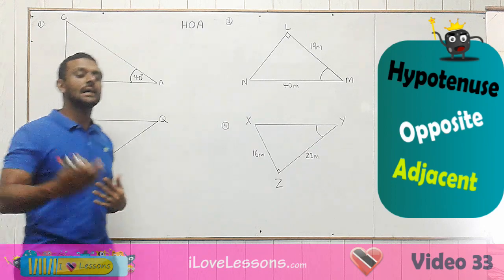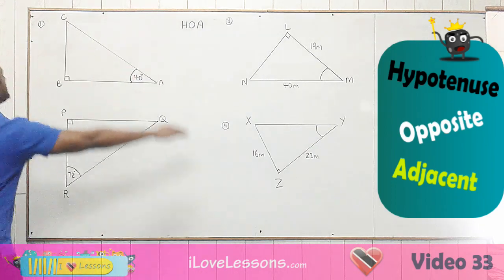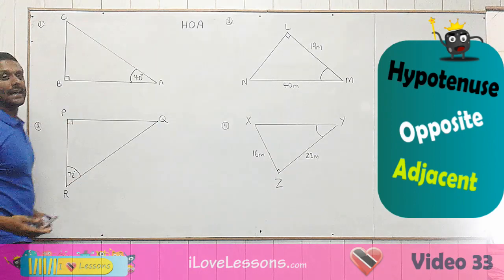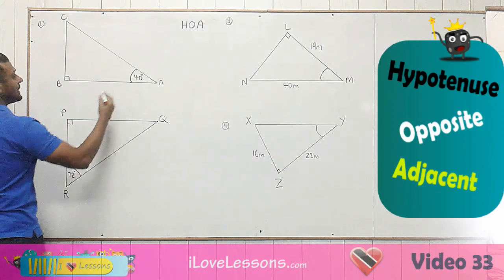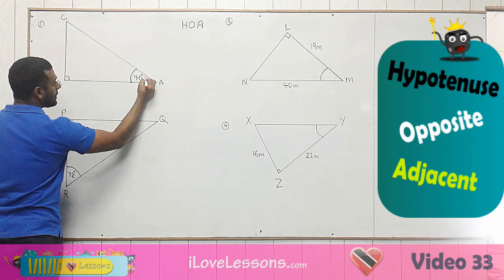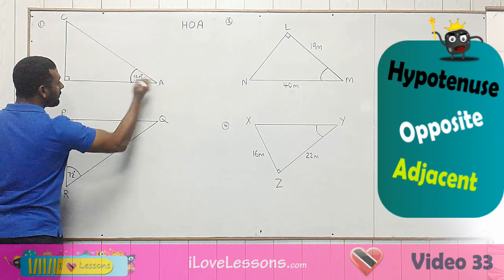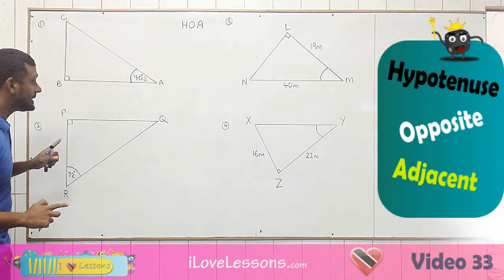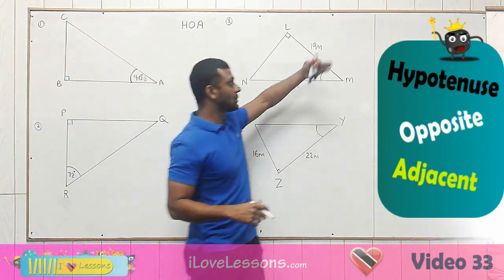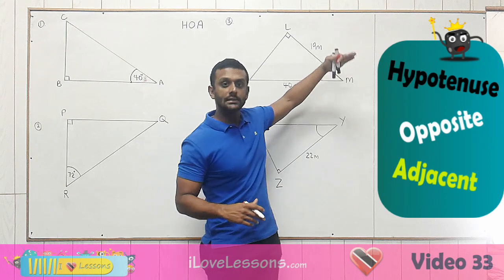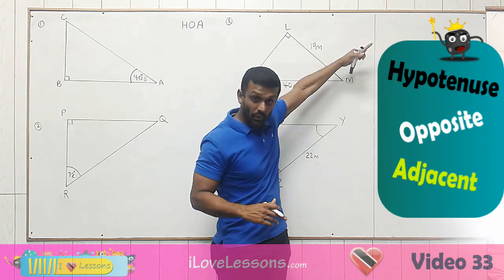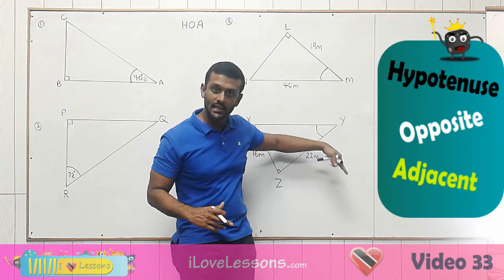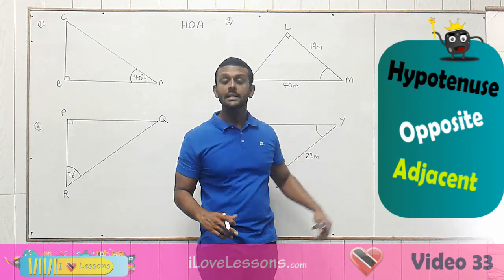Now, what do I mean by stand by the 40 degrees? I want you to pretend that this is a house. Well, a very weird shaped house. And you are going to stand up in this corner where the 40 degrees is. Now, when you stand up by the 40 degrees, one side is going to be your hypotenuse, one side is going to be your opposite, and one side is going to be your adjacent.